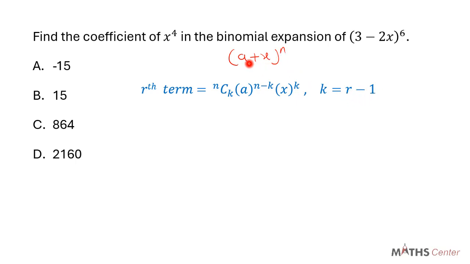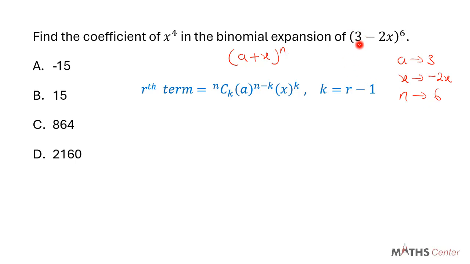When we compare (a + x)^n to (3 - 2x)^6, we can see that a, which is the first term, is 3. x, which is the second term, is negative 2x. And n, which is the exponent on the binomial expression, is 6.